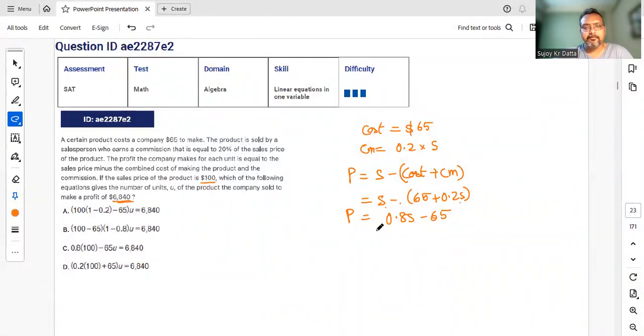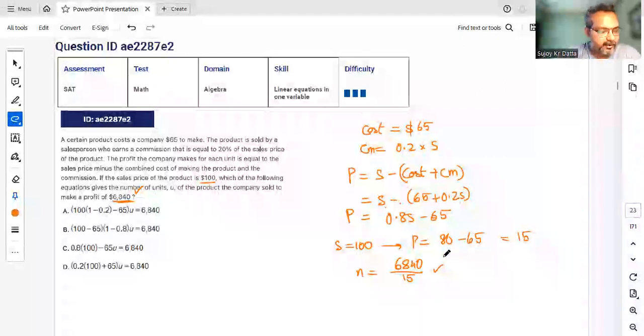Okay, so if I just were to compute this, plugging in S to be 100, we have profit to be 0.8 times 100. So that's 80 minus 65. So that would be 15. And now since you need 6840 to be the profit, so the number of items should have been 6840 upon 15, and you can calculate.